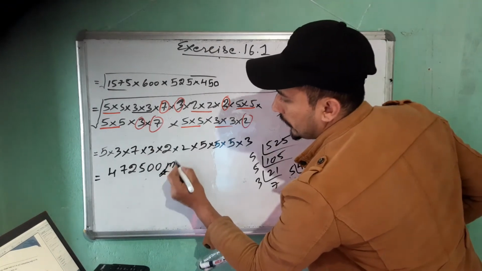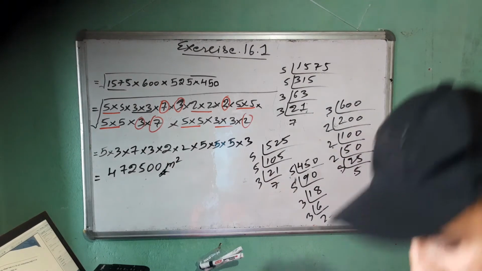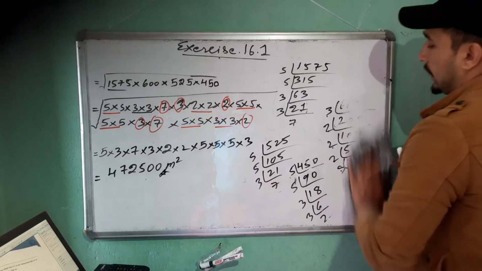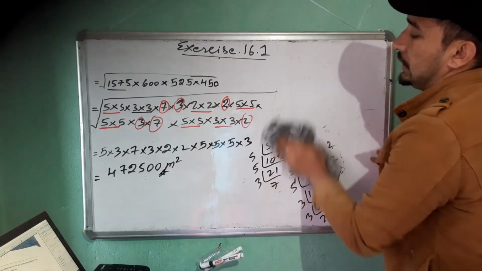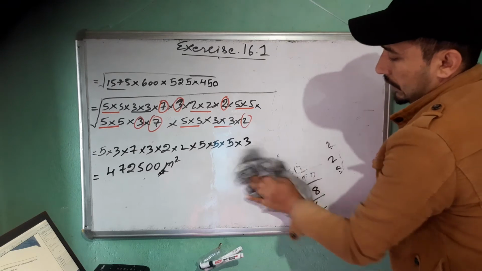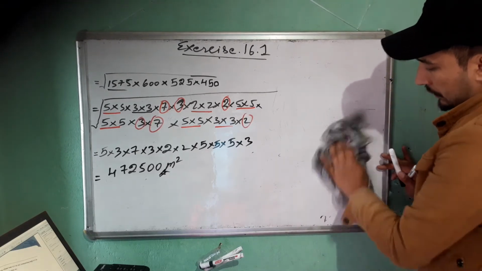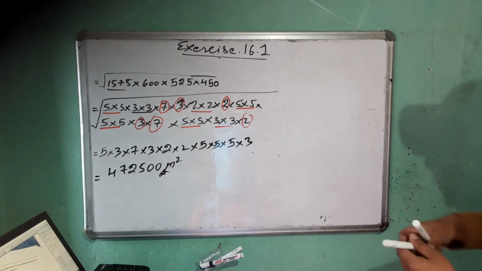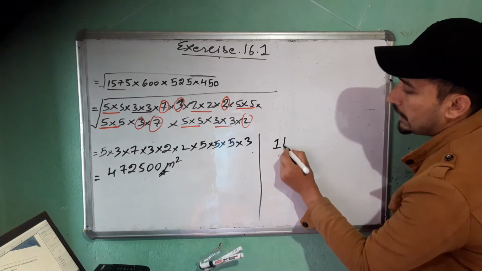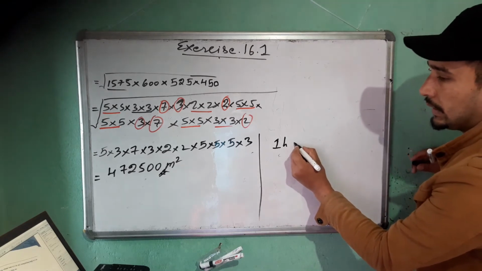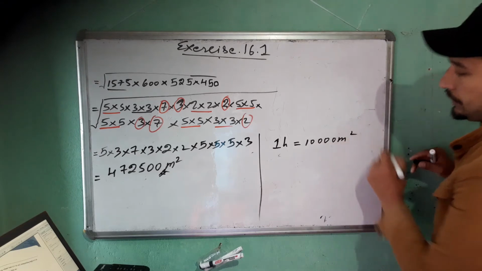This is in meter square. Now you have to convert this value into hectares because the cost is given per hectare. The relation is 1 hectare, H means hectare, is equal to 10,000 meter square.